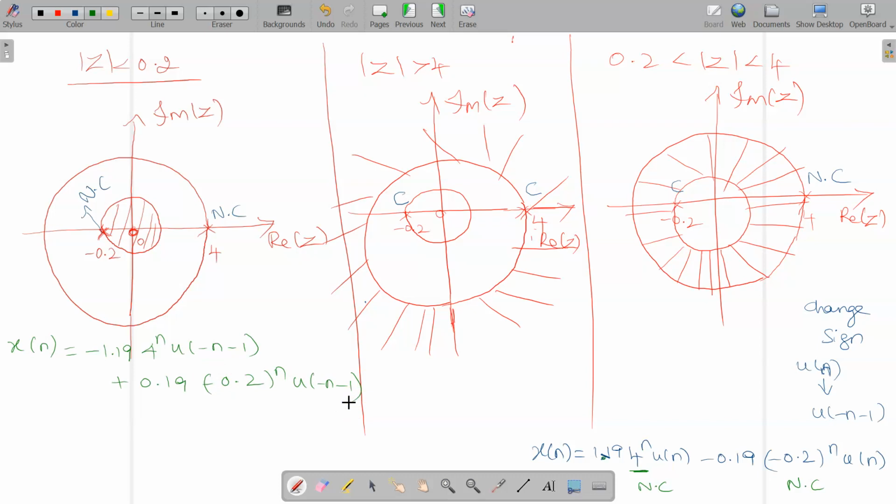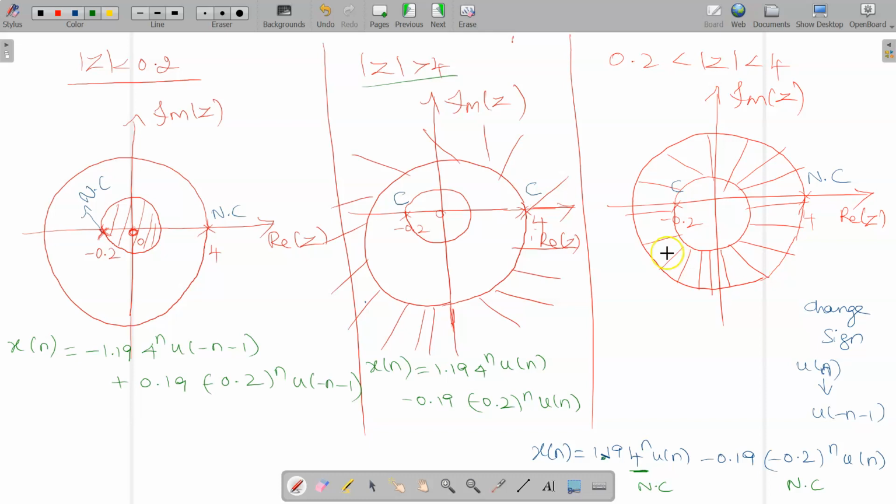This is the expression for this diagram. For the second condition, ROC modulus of z greater than 4, both poles are causal, so no need to change anything. Write the expression as it is: 1.19 times 4 power n u of n minus 0.19 times minus 0.2 the whole power n u of n.